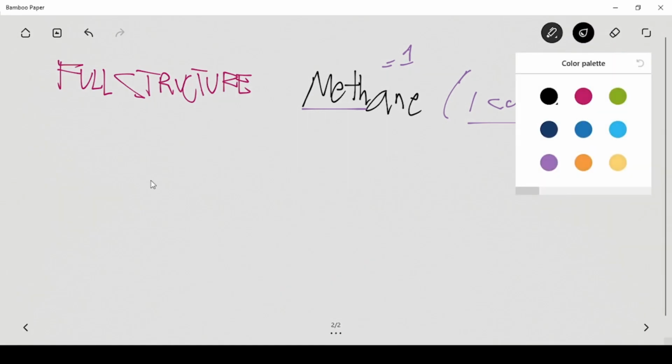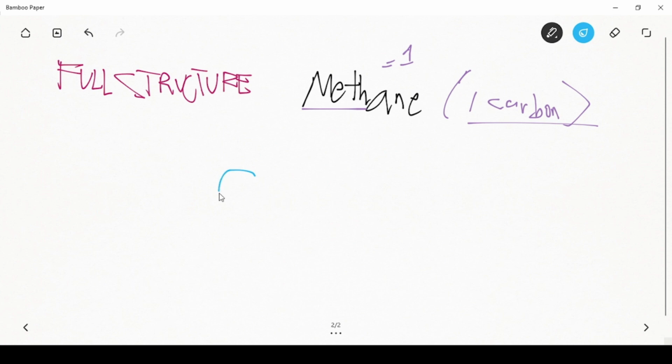Now, the first step is to write the carbons. So this is the carbon. Now, the molecular formula of methane is CH4. So there is one carbon and four hydrogens.